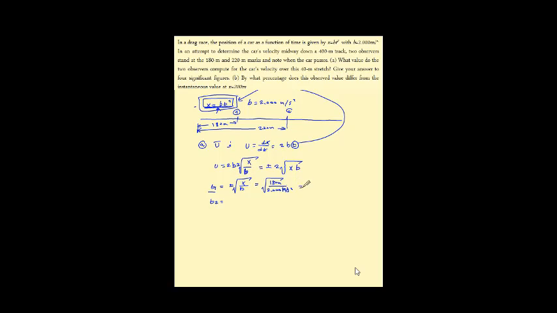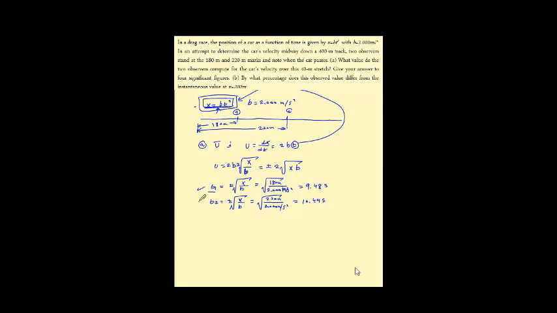Evaluating this, we obtain 9.48 seconds. And the same for t2. t2 is equal to square root of x over b, which is square root of 220 meters over 2.000 meters per square second. Evaluating this, we obtain 10.49 seconds.